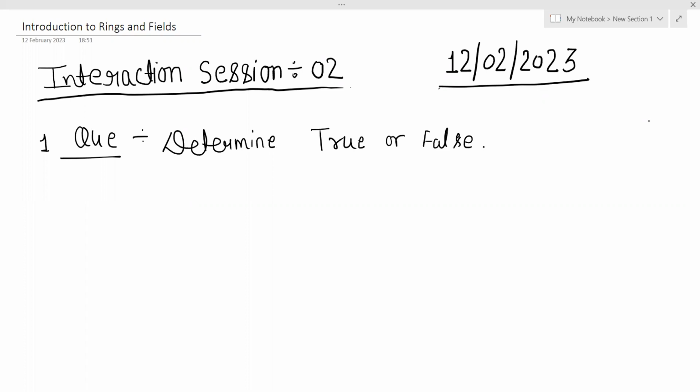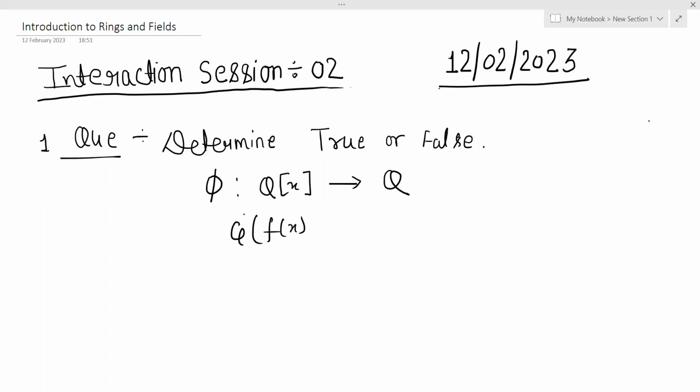So given that ring homomorphism phi mapping Q[x] to Q, how we are defining this: f(x) goes to f(2). Any polynomial f(x) belonging to Q[x] goes to phi of f(x).